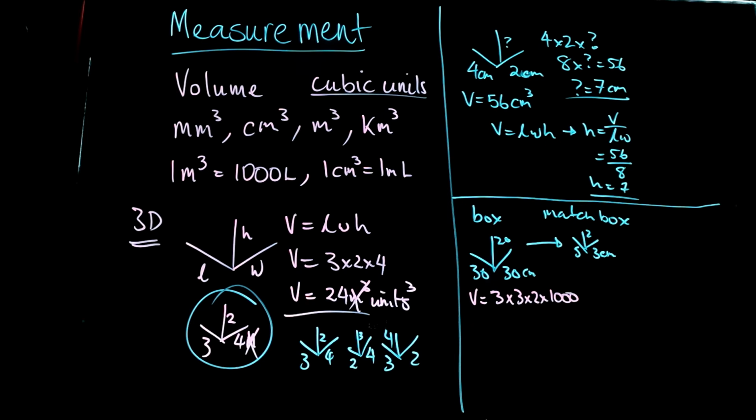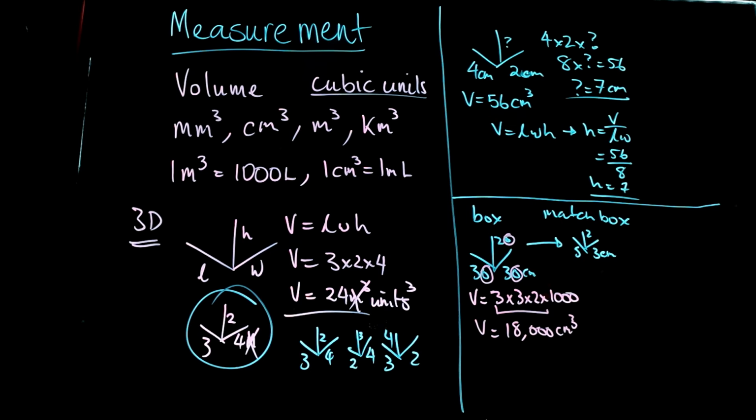Sometimes I think about these questions as a game of zeros. This is multiplying by 10 here, and that's the same thing as 1,000. So the real work is here, and that is 3 times 3 is 9 times 2 is 18. So we're at 18,000 centimeters cubed for our answer there.